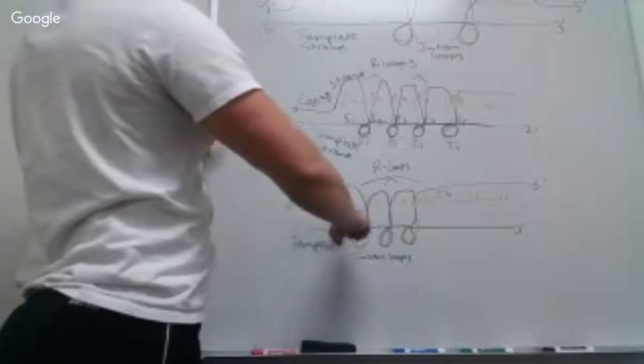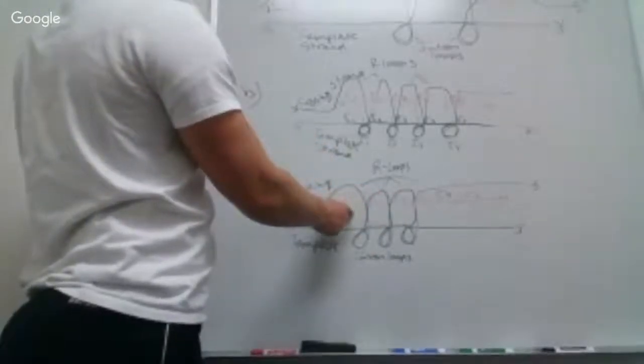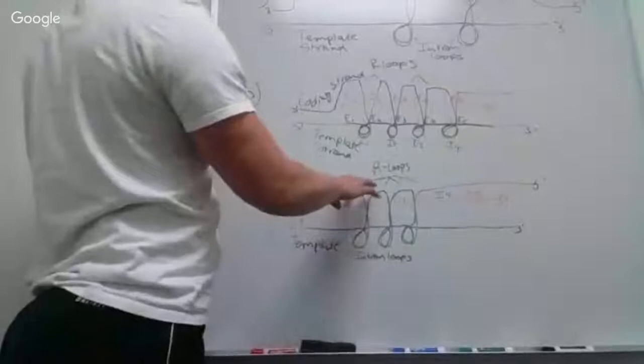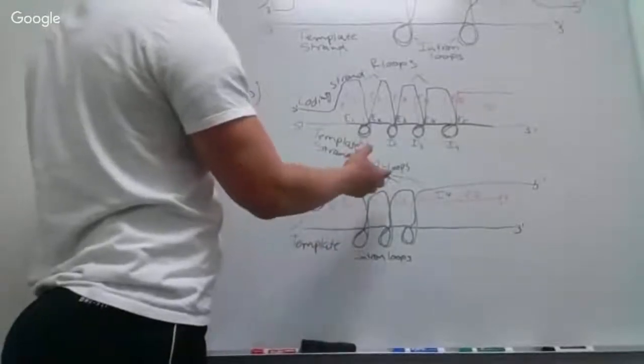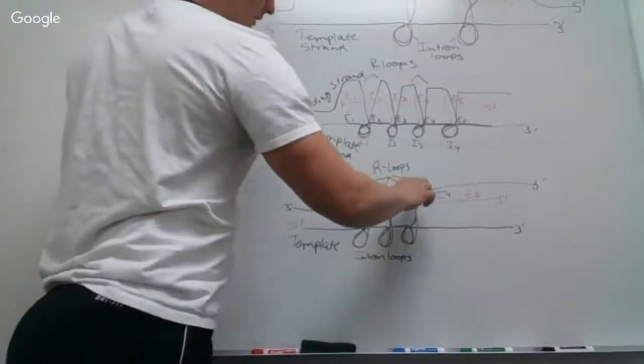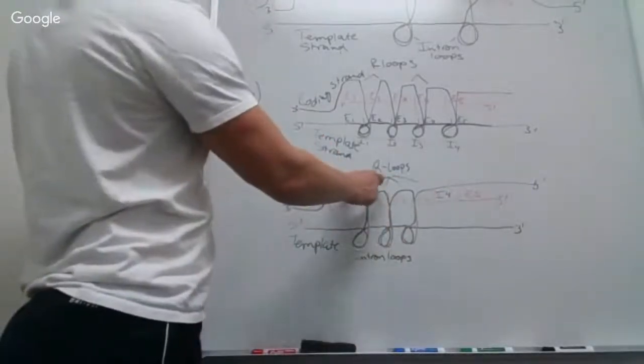where the template strand loops where the introns have been excised from the mature mRNA, and the coding strand also will form that double helix at those intron loops. And there will be 3 R loops, 3 exon R loops.